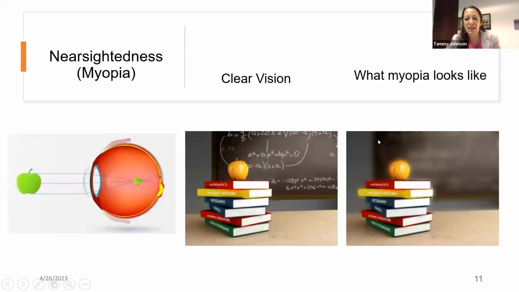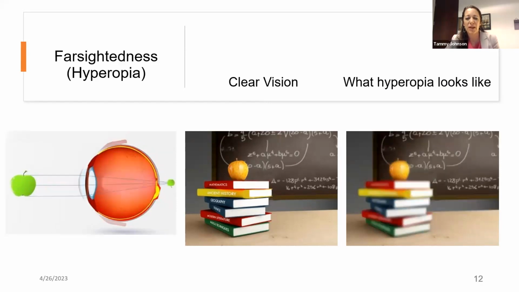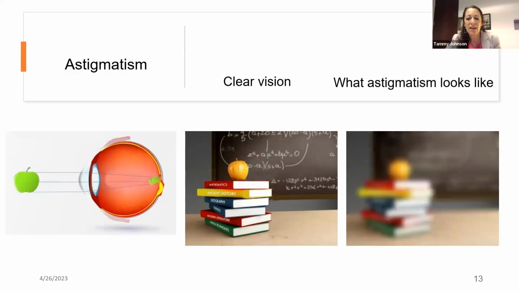So here are some pictures just to get a gist of what myopia is: clear vision close up, blurry vision in the distance. Another one here for hyperopia, where distance vision is clearer than close-up vision. And astigmatism blurs things out altogether. It's a different angle off the lens of the eye, a refraction error.